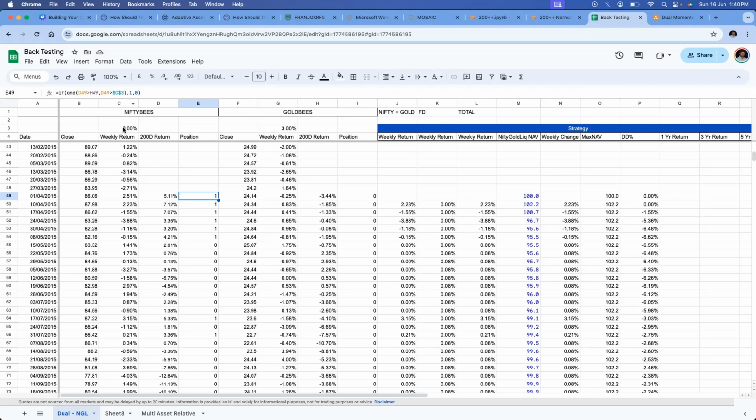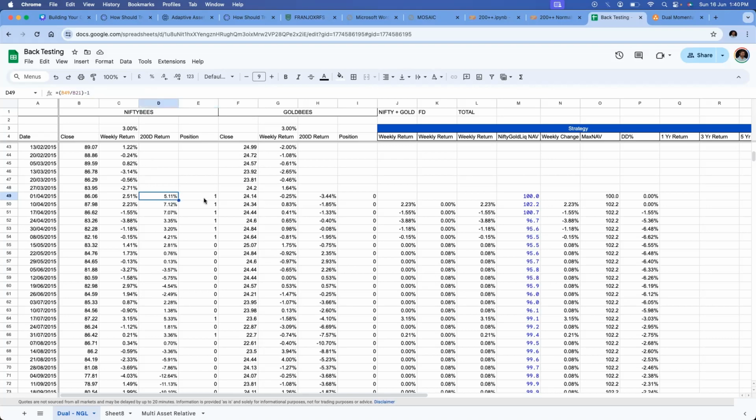I am fixing C3 here. C3 is nothing but the 200-day fixed deposit return. Now, if both the conditions are met, only then call it 1, or else 0. So as you can see, it is a 1 because 5.11% is greater than 3%, which is greater than minus 3.44%, and hence this is a 1.